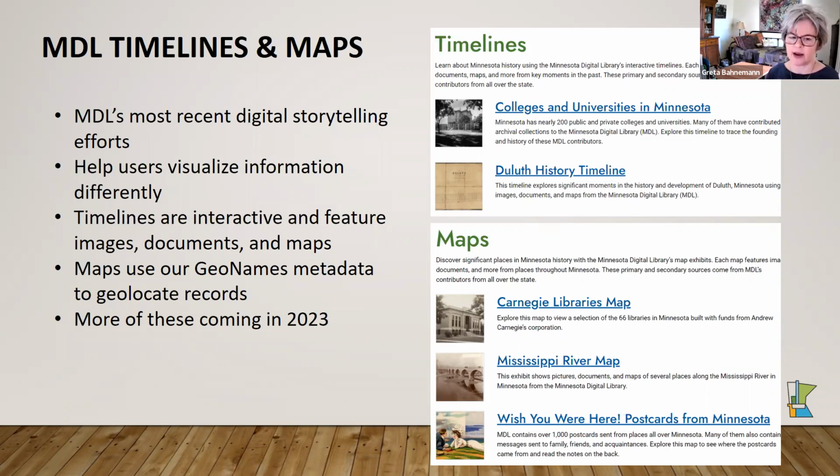We currently have a timeline for Minnesota's colleges and universities for where they're located and when they were founded. We also have a timeline for the history of the city of Duluth. In terms of maps, we use the GeoNames metadata to geolocate things, and our maps include the location of Minnesota's Carnegie libraries.